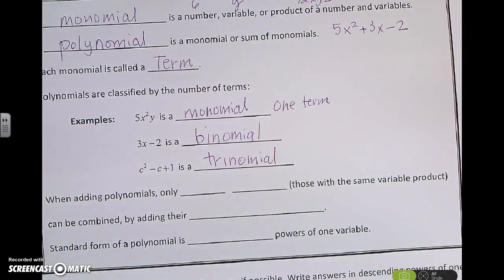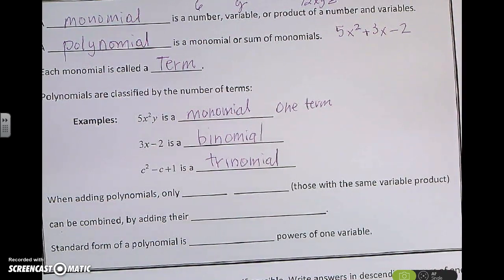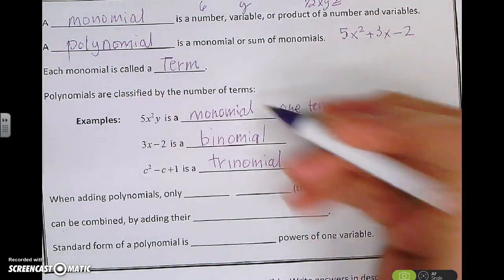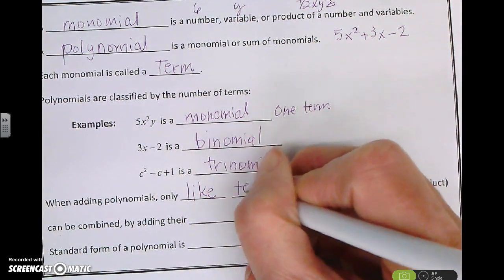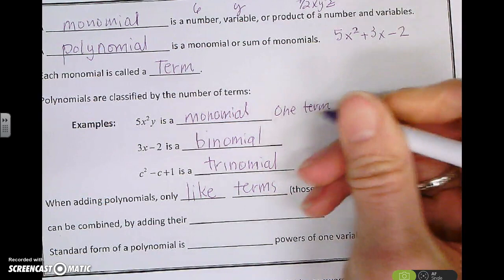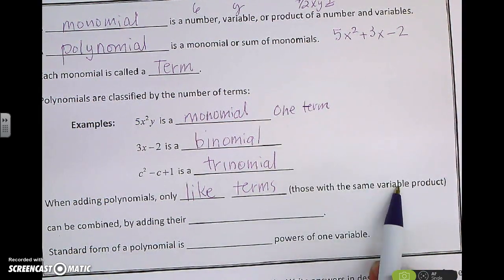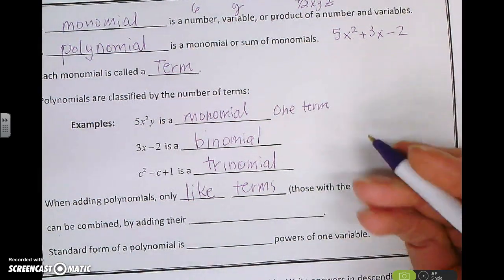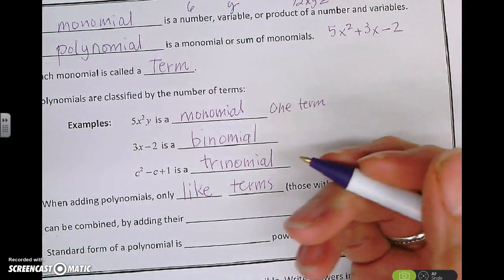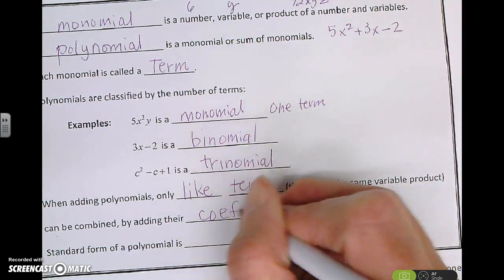When adding polynomials, only those with the same variable product, only like terms, so keep in mind what a term is, like terms, those with the same variable product can be combined by adding their coefficients.